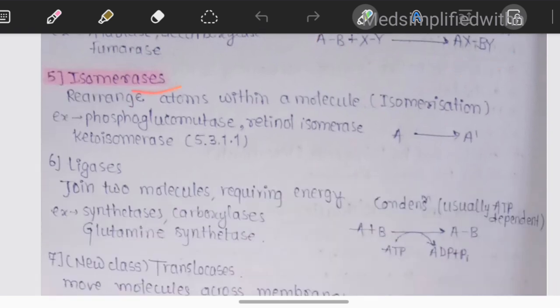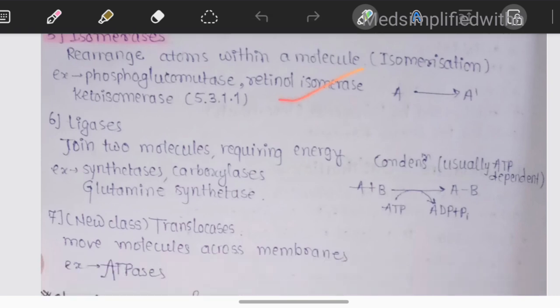And fifth one is the isomerases. They rearrange atoms within the molecule, meaning the isomerization reaction. Examples are phosphoglucomutase, retinol isomerase, ketoisomerases. Sixth one is ligases.